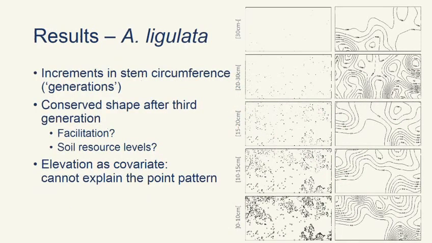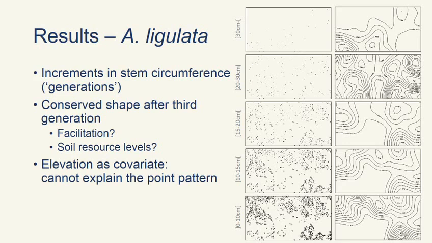I first looked into dune wattle and just looked at that pattern, and as a proxy for age, I used the stem circumference, and this shows 5 generations, and you can kind of see from the contour lines that after a certain number of generations it seems to be somewhat conserved, or the pattern kind of crystallizes, and it might be due to intraspecific facilitation.